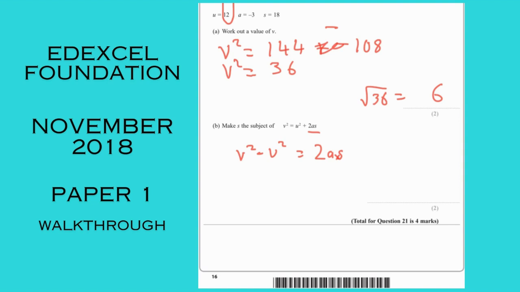Inverse of that is divide. So to get S on its own, you divide both sides by 2a. I'm sure you've seen that equation before in a science lesson.